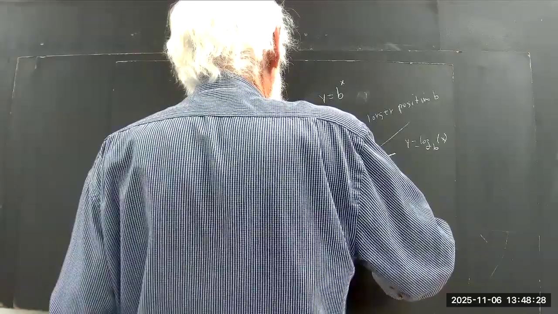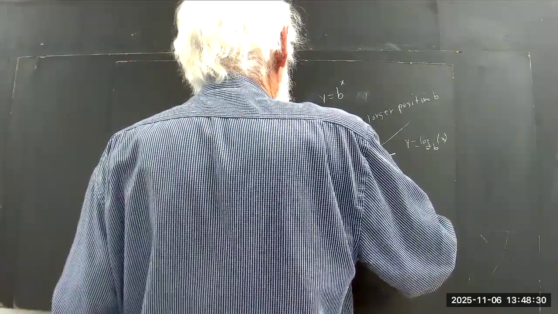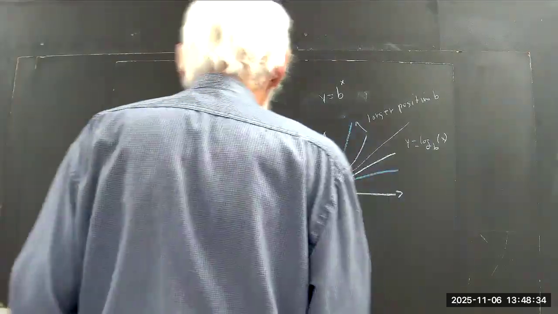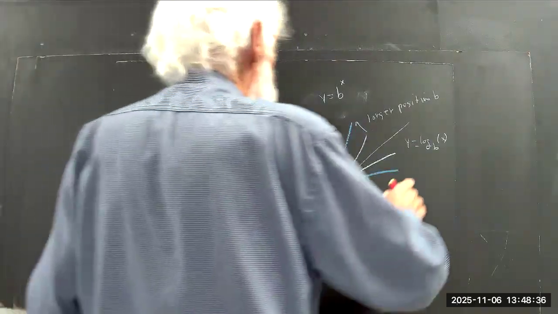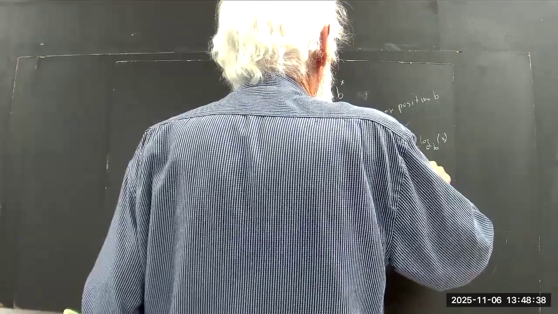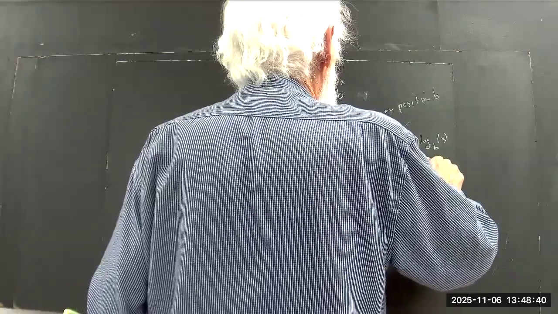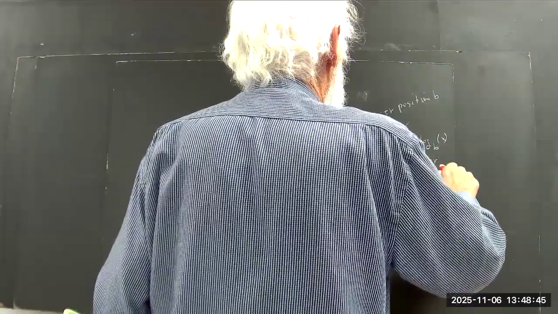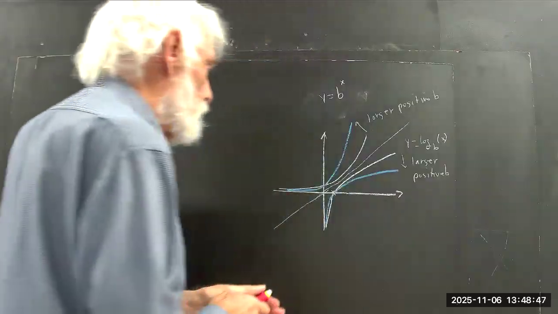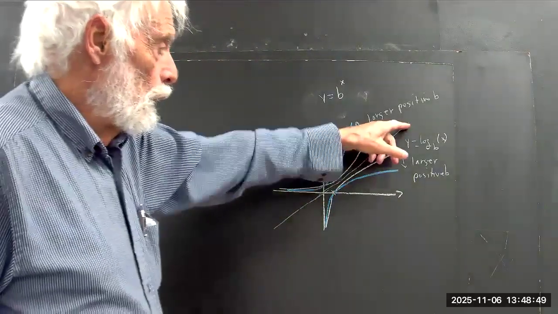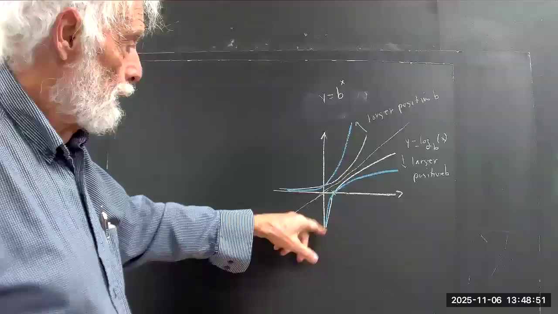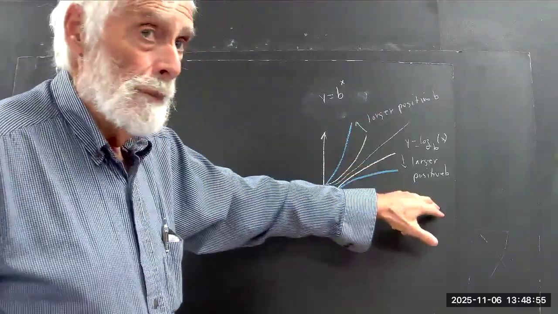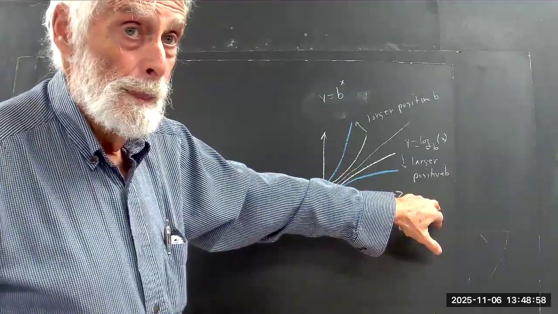And if we do the log base B graphs that are inverse to these, they're going to look like this. They're going to get flatter as B gets bigger.